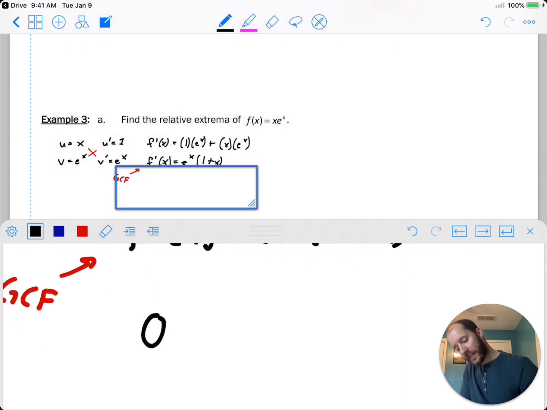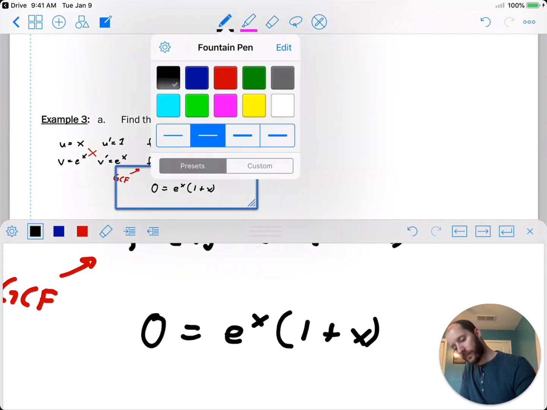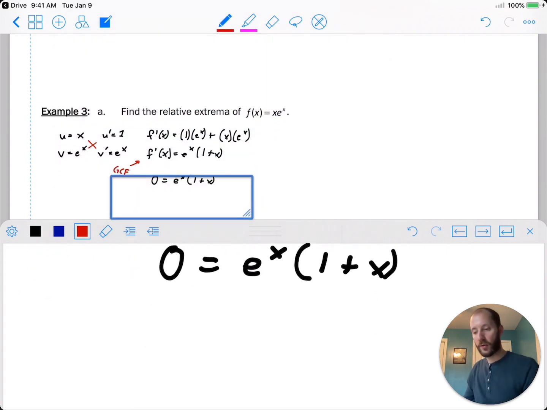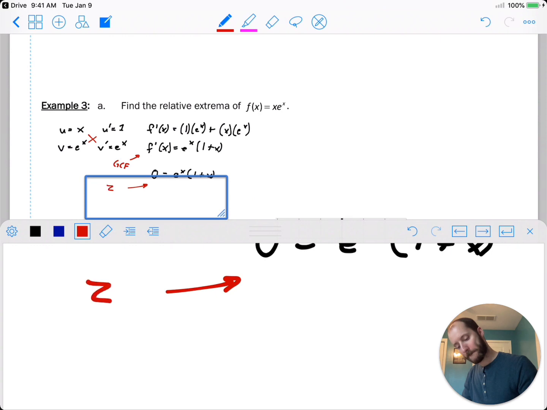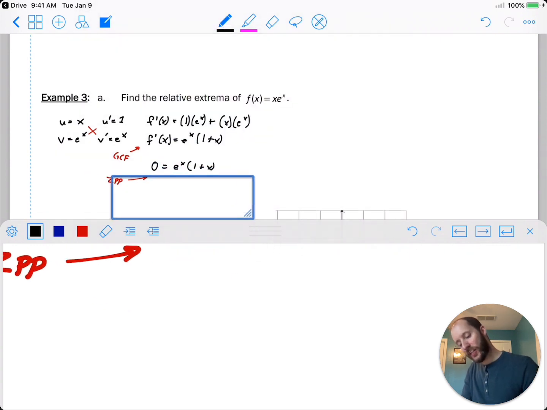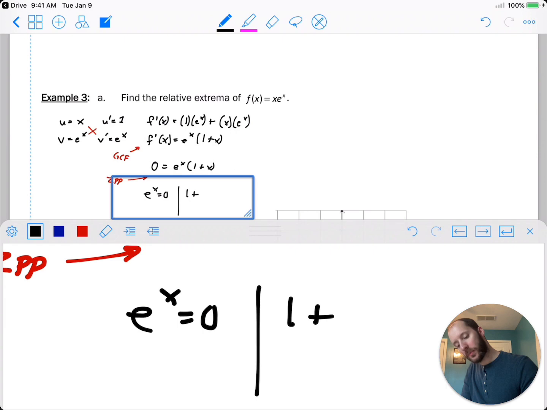And now set f prime equal to 0. And now do zero product property. So either e to the x equals 0 or 1 plus x equals 0.